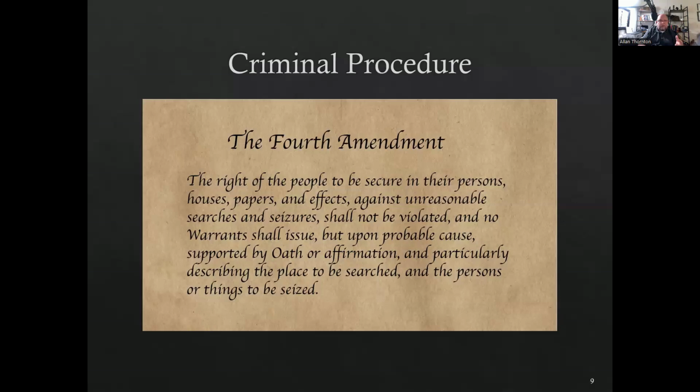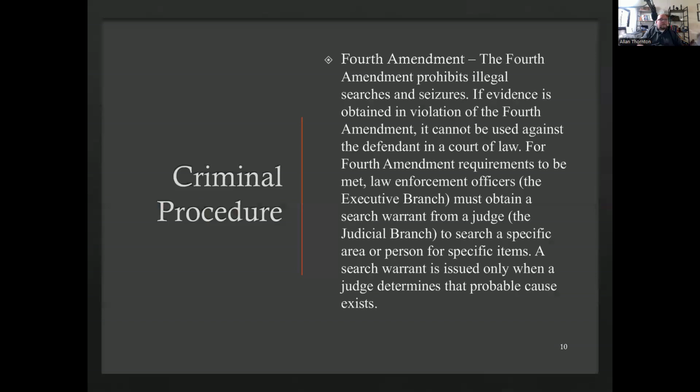Of course, Hollywood does it because it makes for good TV, but these are tactics that the courts will not allow, that specifically violate this Fourth Amendment. So it's important to keep in mind what those are.